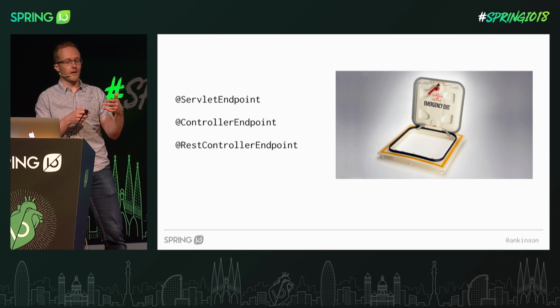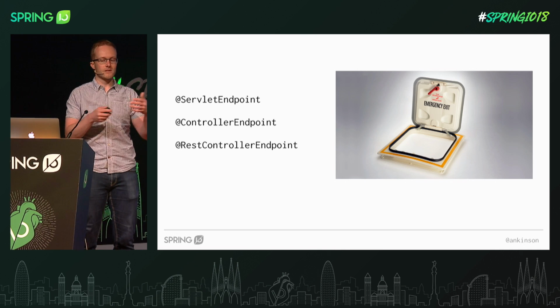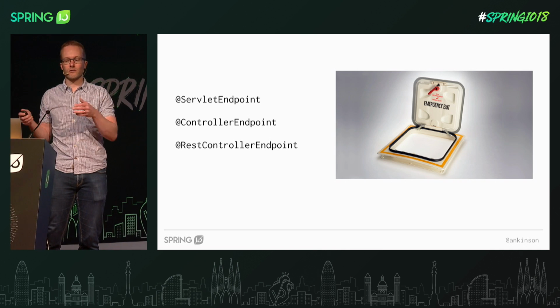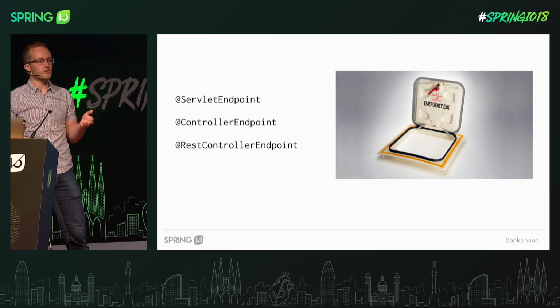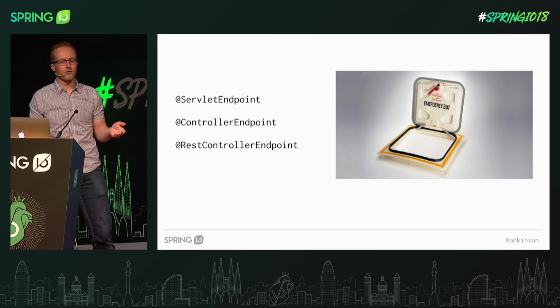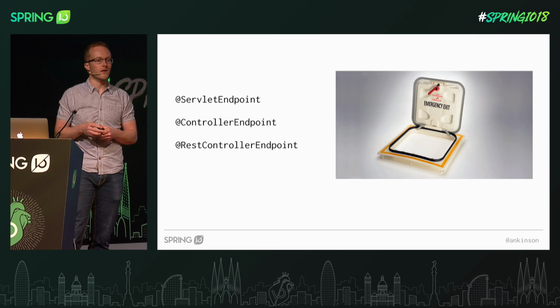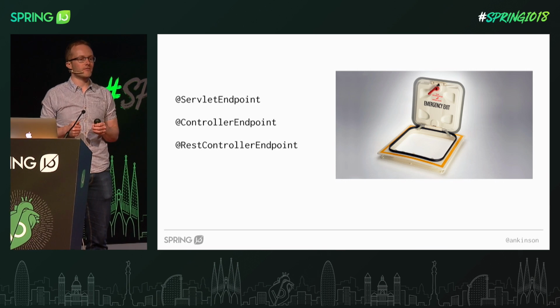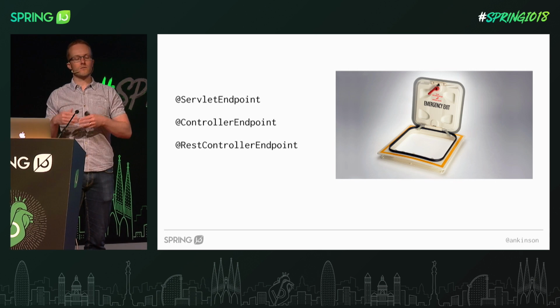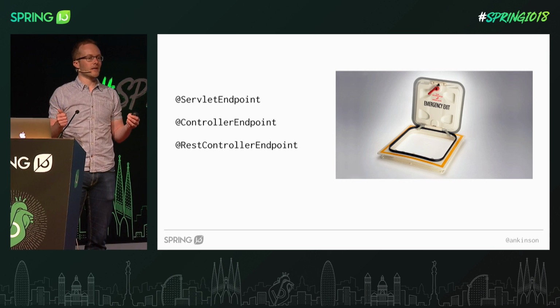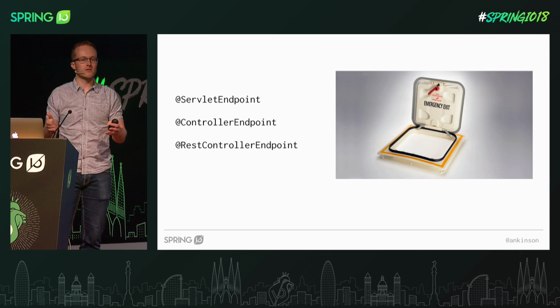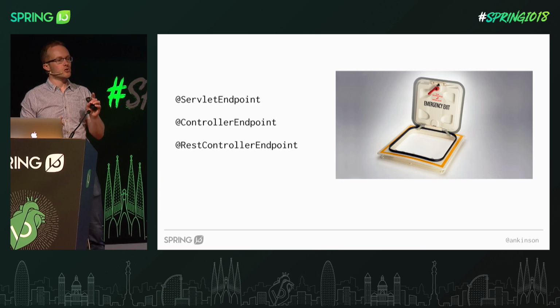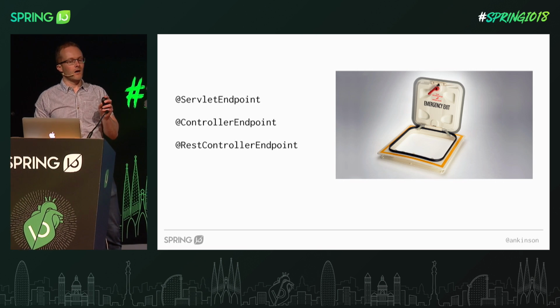So the actuator endpoint stuff with controller endpoint and REST controller endpoint builds on top of that. So you can make use of a controller endpoint or a REST controller endpoint in a Spring MVC-based app or a Spring Web Flux app. And that opens up the whole power of Spring MVC or the whole power of Web Flux to your endpoint should you need it. Hopefully you won't, or very rarely you will.